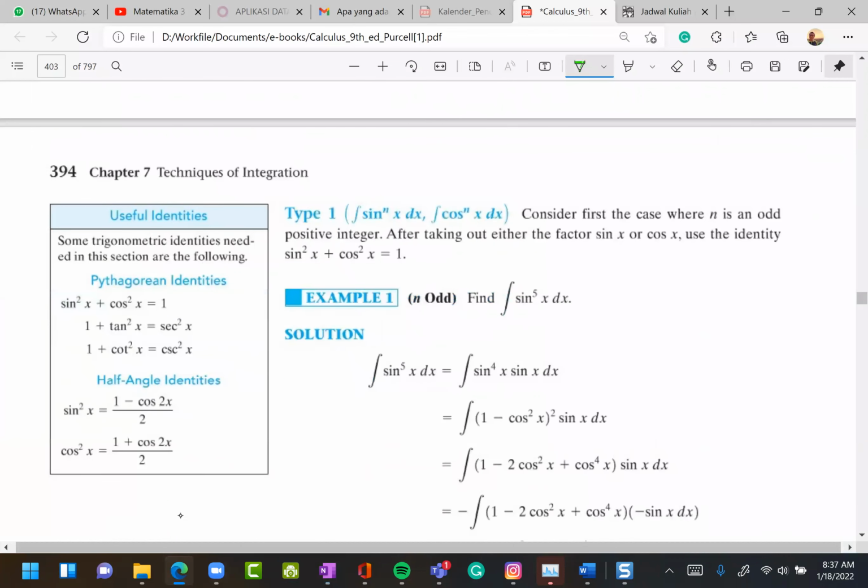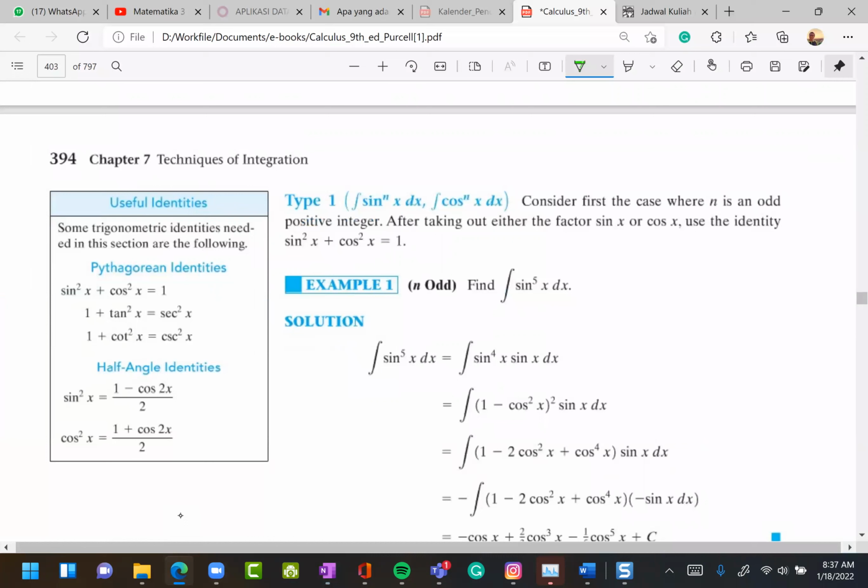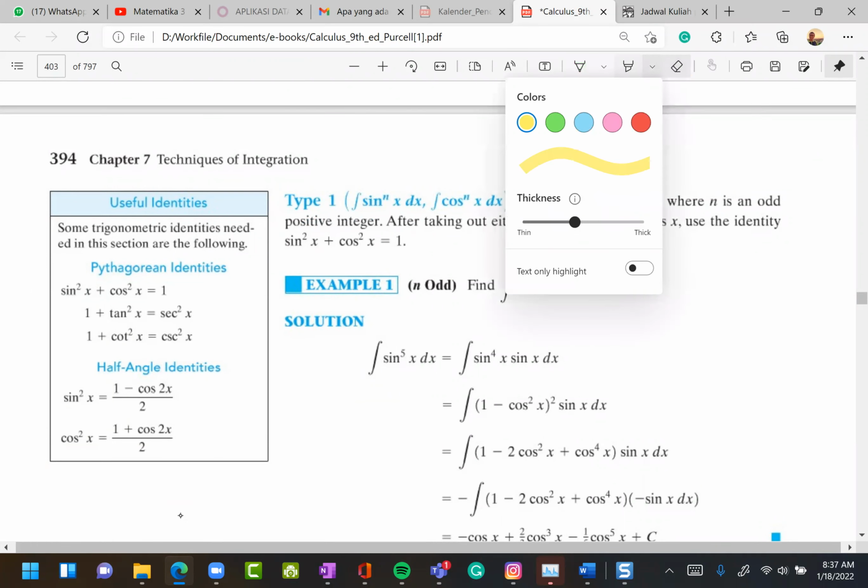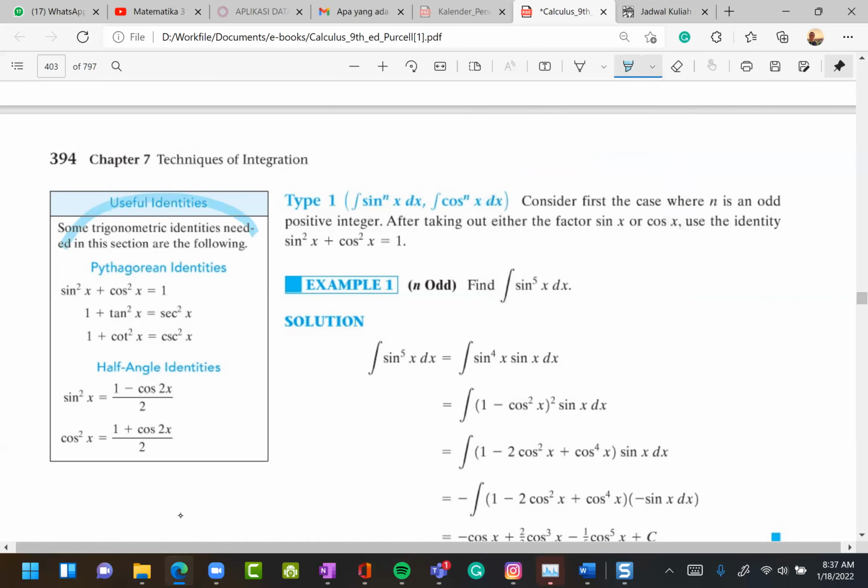And see, these are some useful identities here. So Pythagorean identities.